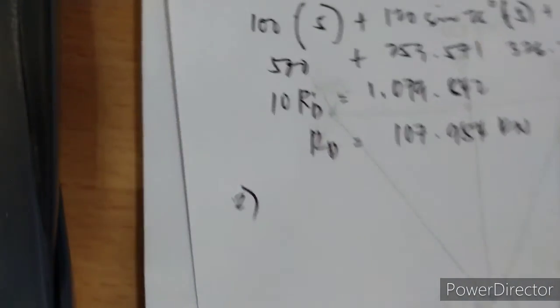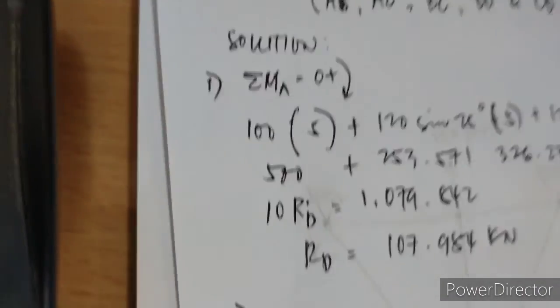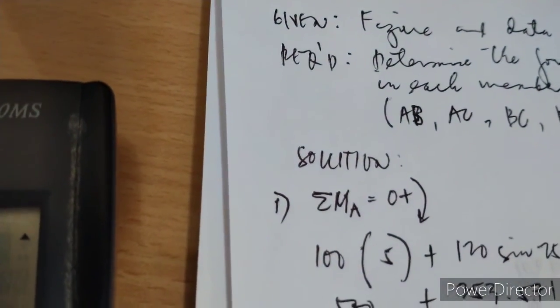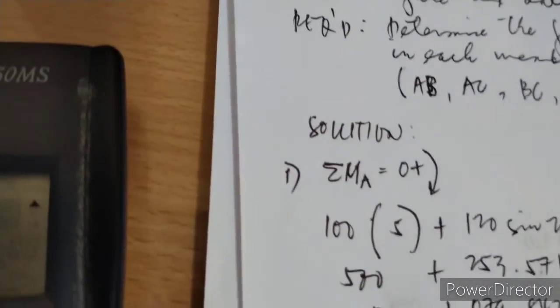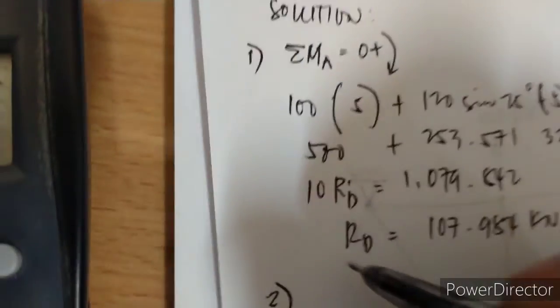Okay, so next is number 2. Since we have already computed RD, which is acting vertically, at this juncture we can solve for RAV using the summation of forces vertical, which is one of the equilibrium equations. Summation of forces vertical is equal to 0, positive going up.